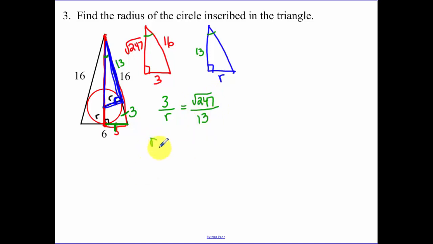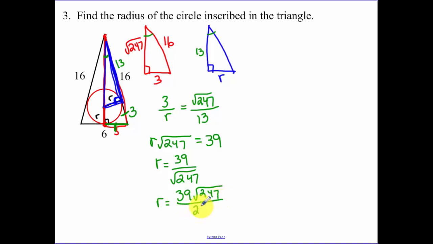Now cross multiply. I solve for r. Now I have to rationalize my denominator, so I multiply the top and bottom by the square root of 247.